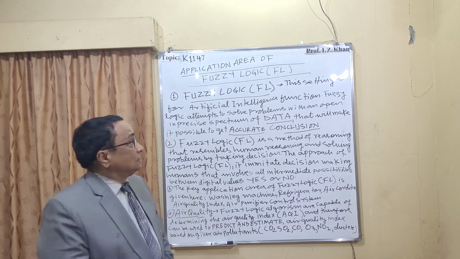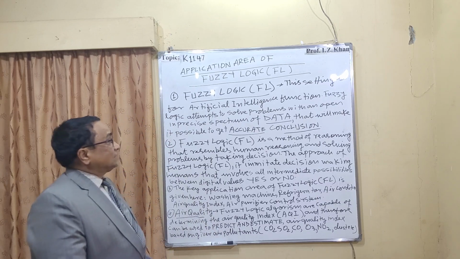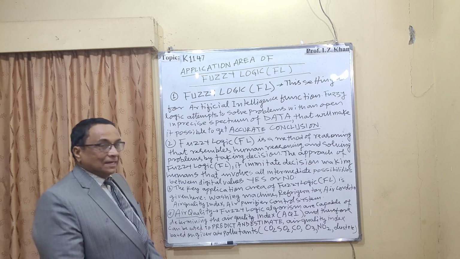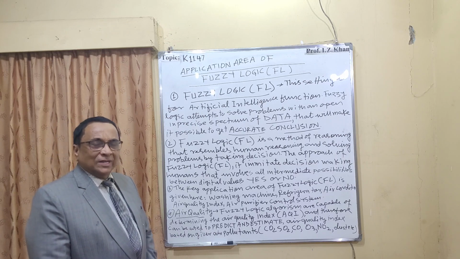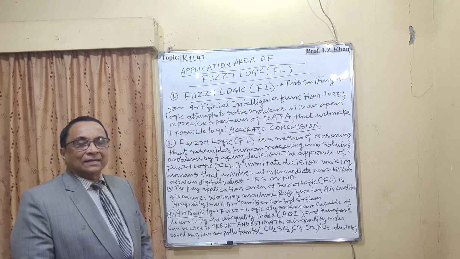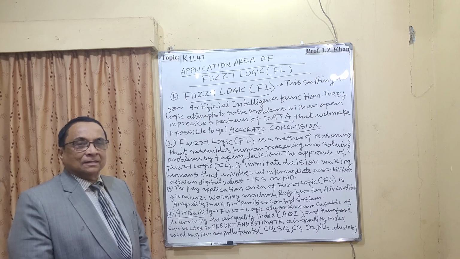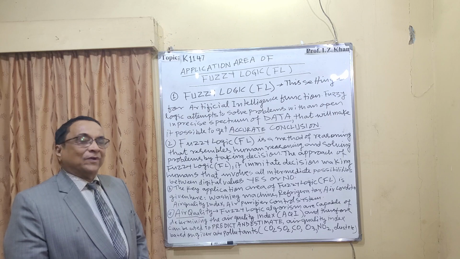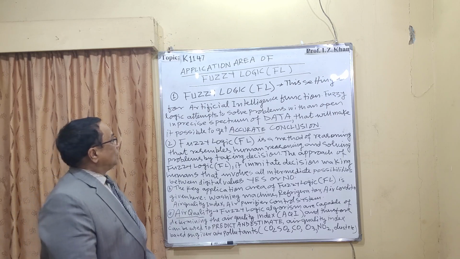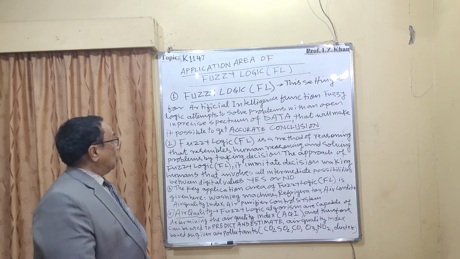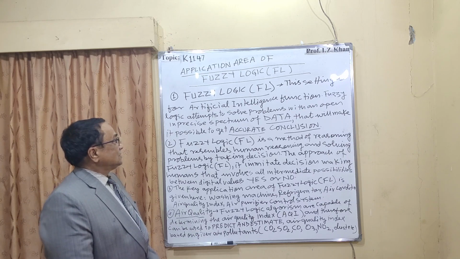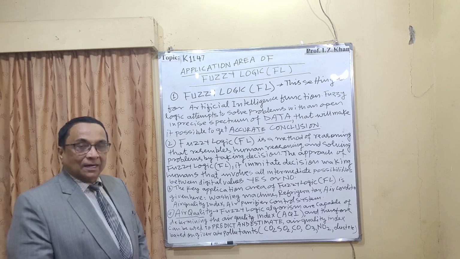So here number one, fuzzy logic, that is FL. This is the setting for artificial intelligence function. Very simple in one line, fuzzy logic is the setting for artificial intelligence to function. That's all. And fuzzy logic attempts to solve problems with an open and wide spectrum of data.